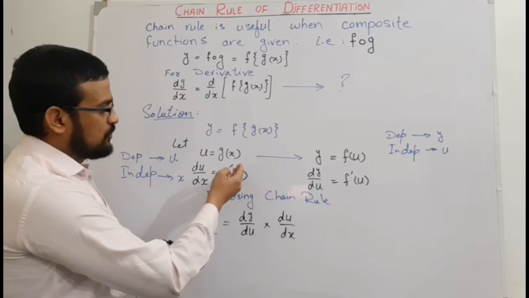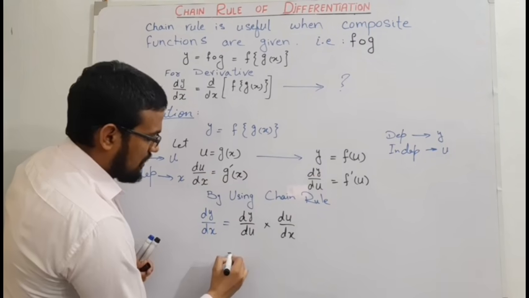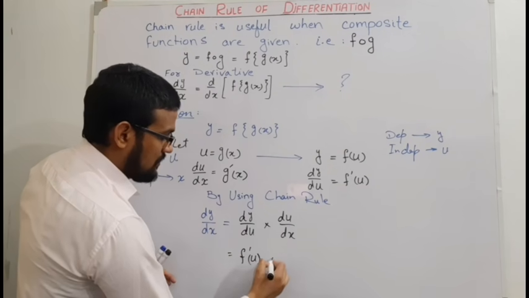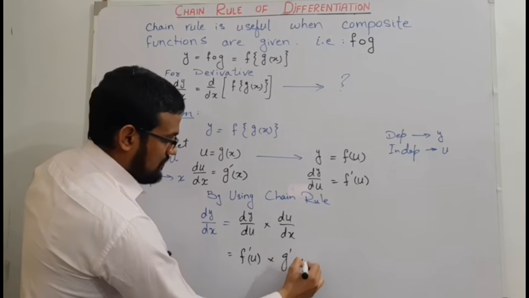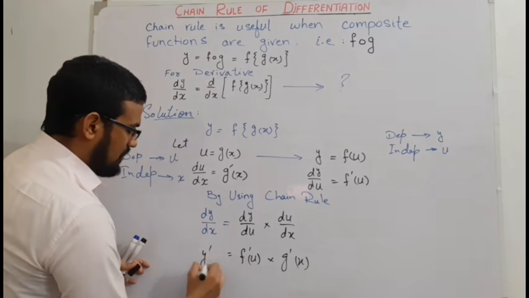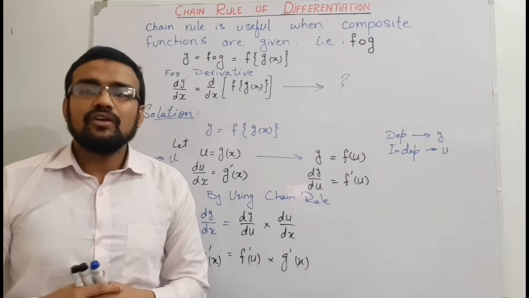Then you put the values of du, dx, dy, and finally you find the result of the function.